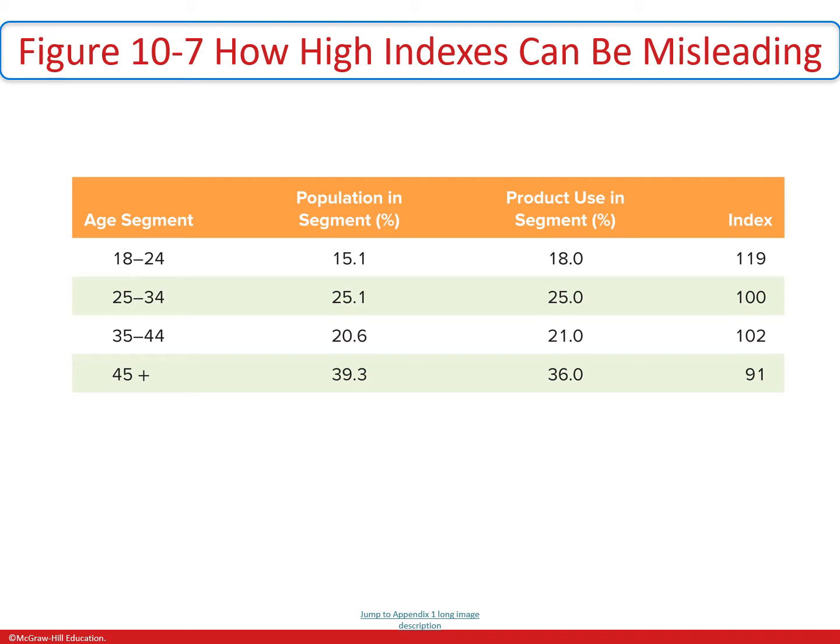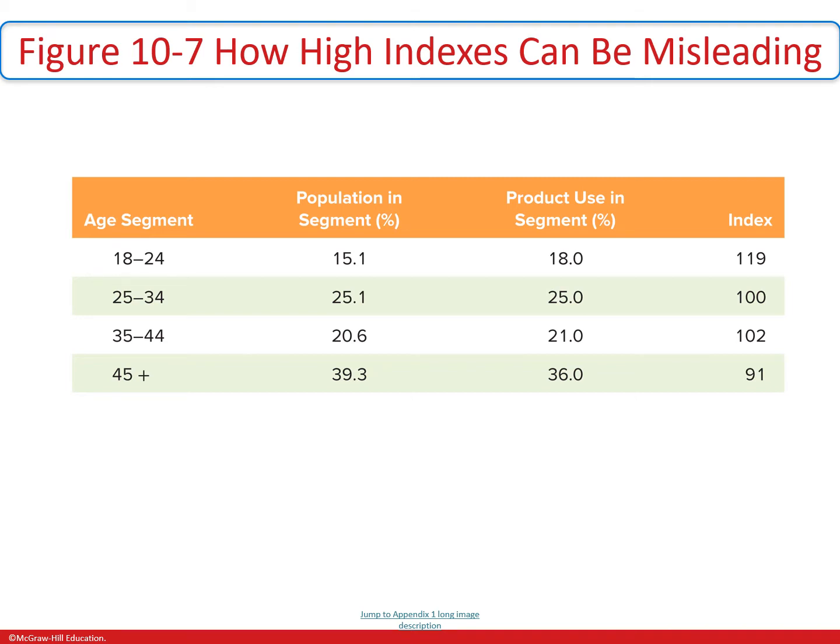And when you look at the size of that group in terms of percentage of the population, here you notice as well that not only is the 45 plus the largest proportion of product users, but it's also the largest proportion of the population that falls into this segment.